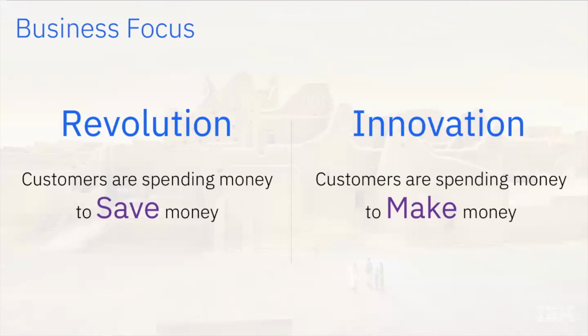They are giving services to the public, but when enterprises need to make use of these data, they can monetize it and pay for it. So these are the main drivers, the focus of the business. However, for these two approaches, revolution and innovation, you need a workforce.